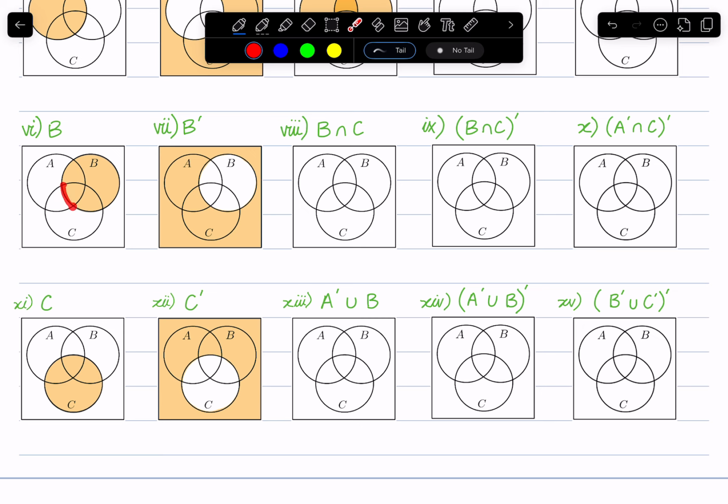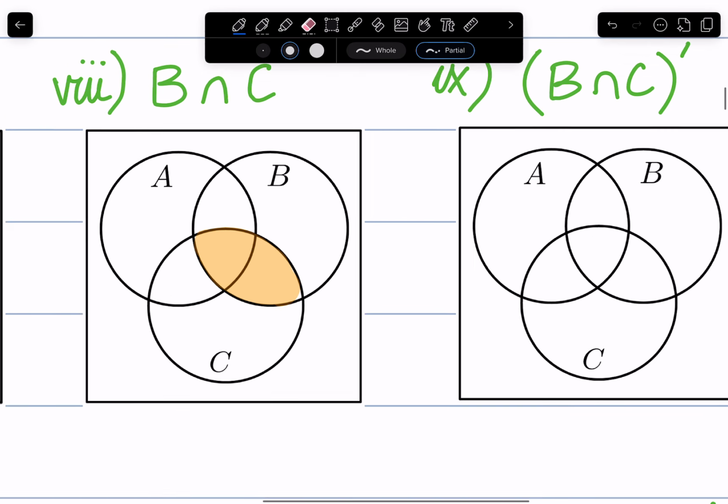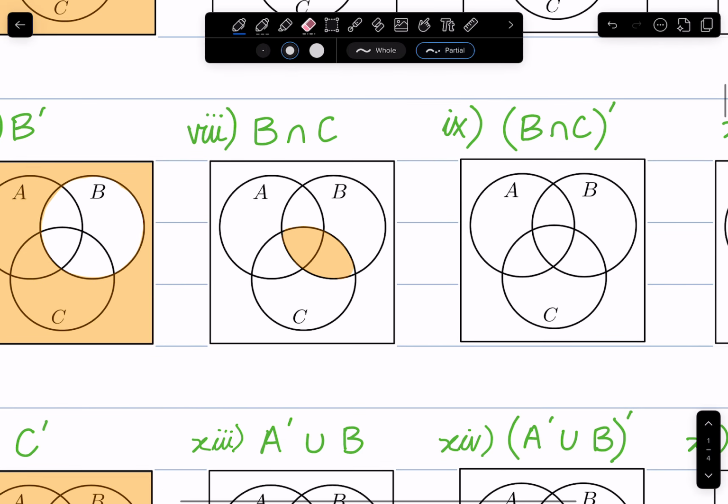If you can see, this region here, these are overlapping in both B and C. So highlighting that, it will be something like so. Be very careful to erase the bits on the outside. That is B intersect C.